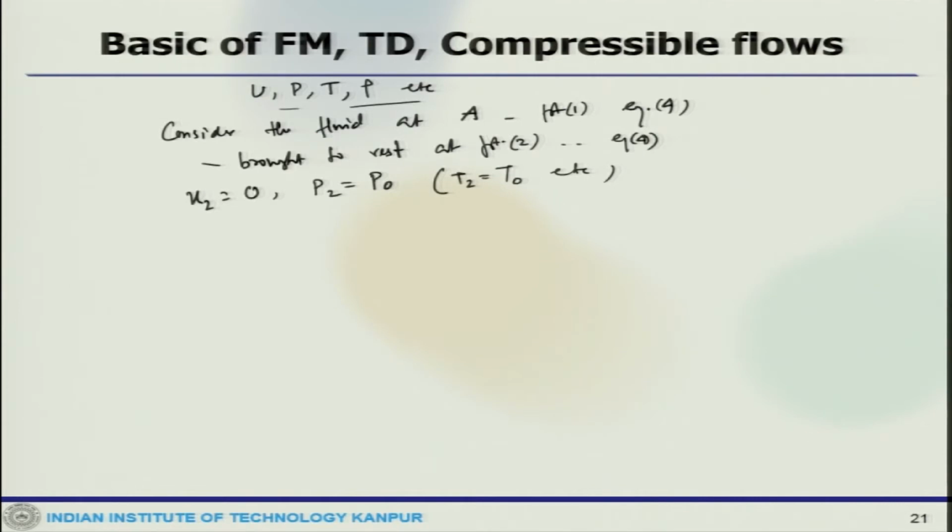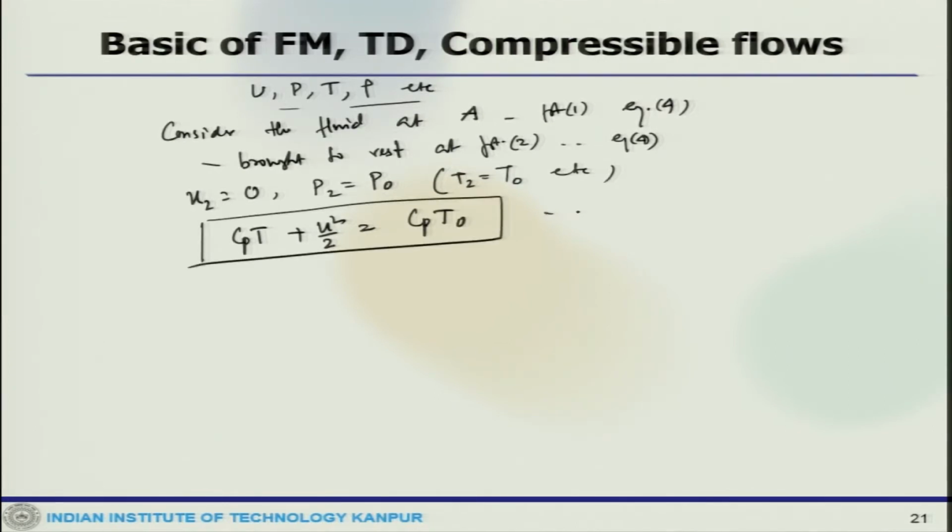So, from equation 4, which is true for both adiabatic and hence isentropic flow, we can write CpT plus U square by 2 is CpT naught.